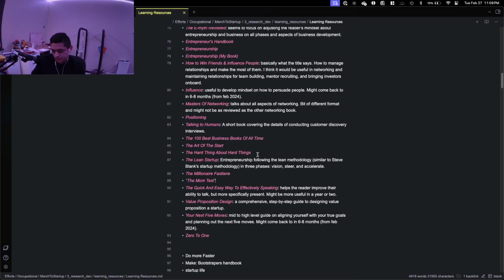Yeah, so this is probably useful. I'm hesitant to put it in my top 5 because of the art of bootstrapping, because it seems in a similar vein as The Lean Startup. Ship then test.